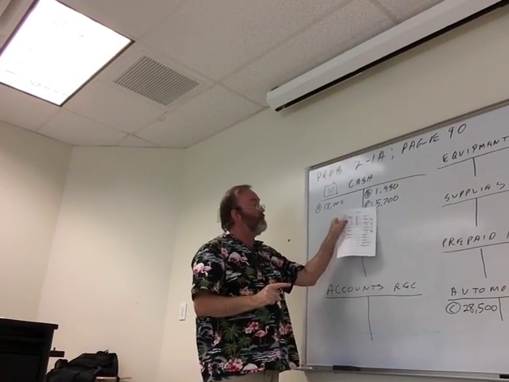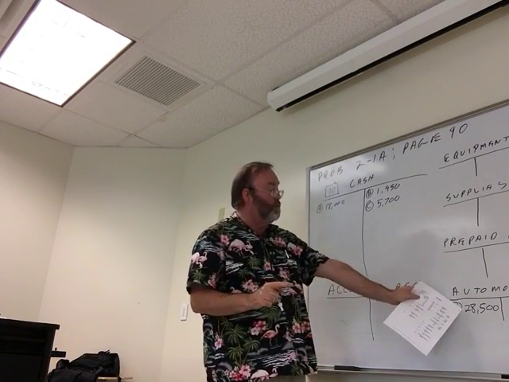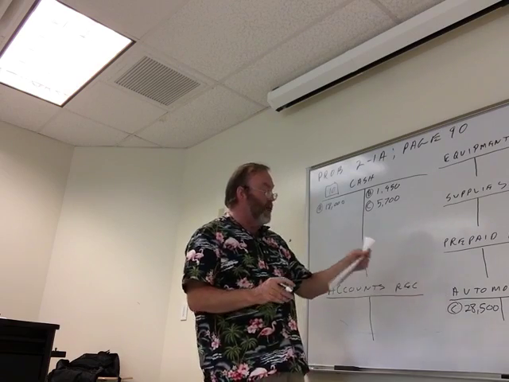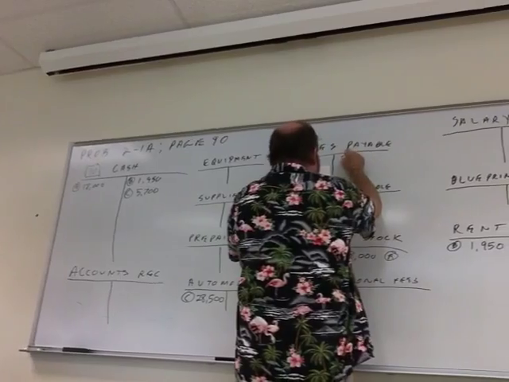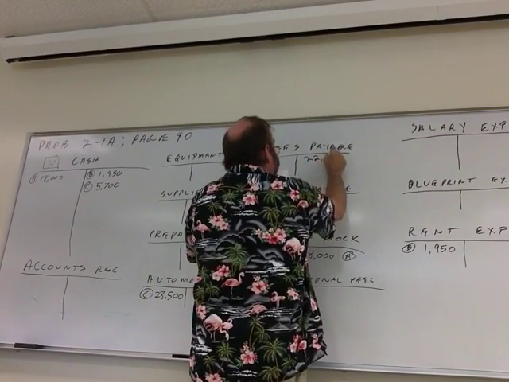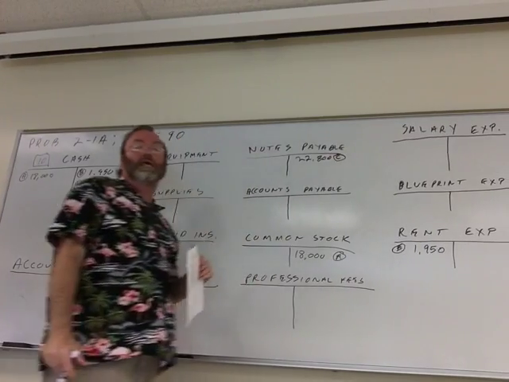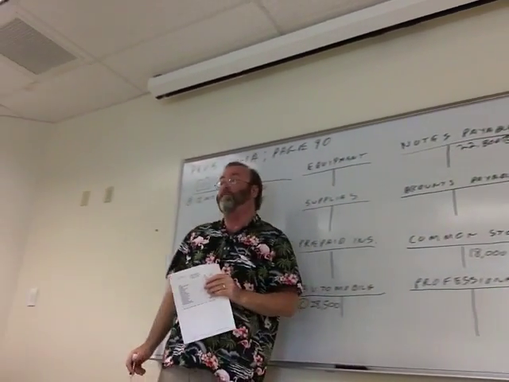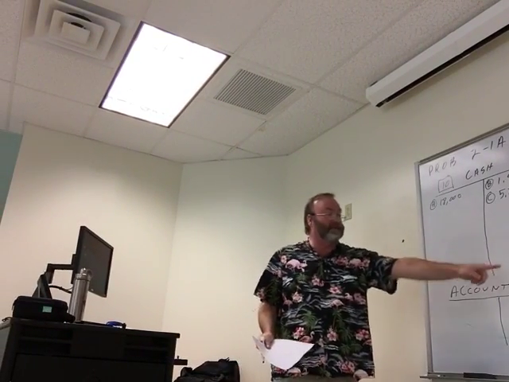So if we made $5,700 in cash down payment on an automobile that cost us $28,500, that leaves us $22,800 balance in the note payable. Okay? That's just the $28,500 minus the $5,700.